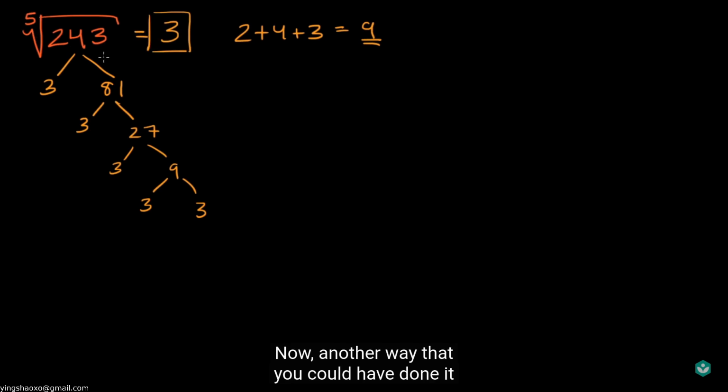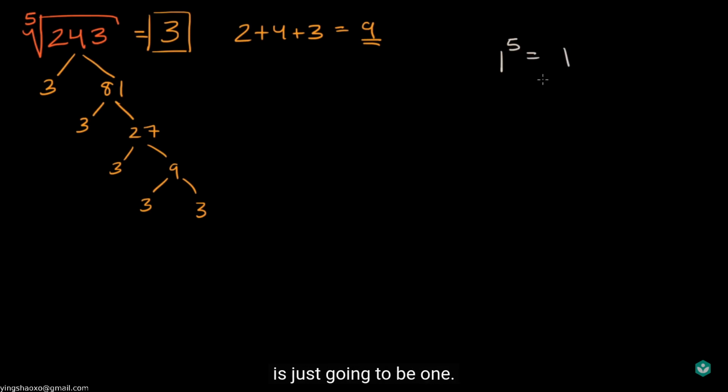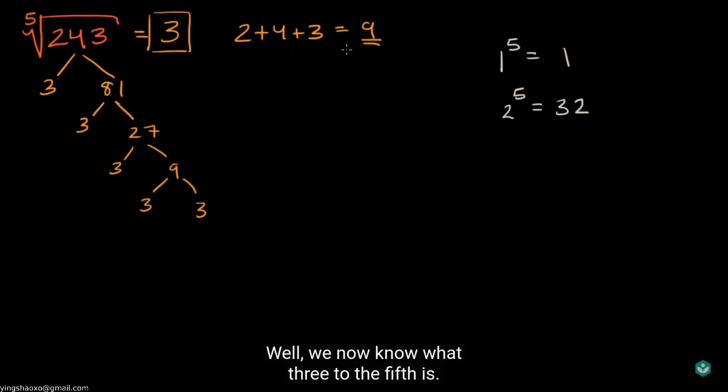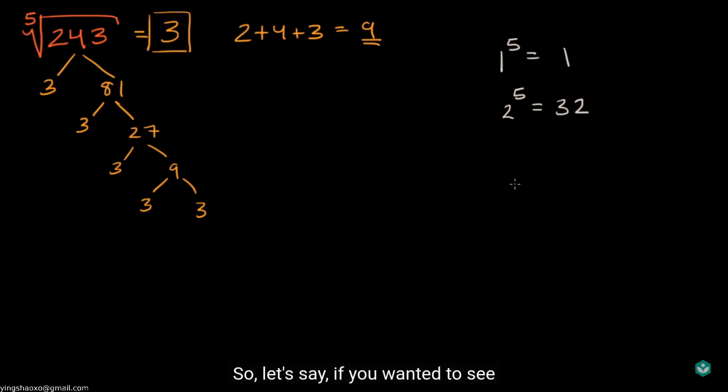Now, another way that you could have done it is a little bit of trial and error. We know that 1 to the 5th power is just going to be 1. We know that 2 to the 5th power, we just calculated that, that's 32. We now know what 3 to the 5th is, but let's say we're just trying to zoom in on it a little bit. If you wanted to see what 4 to the 5th is, that would be 4 times 4 times 4 times 4 times 4.